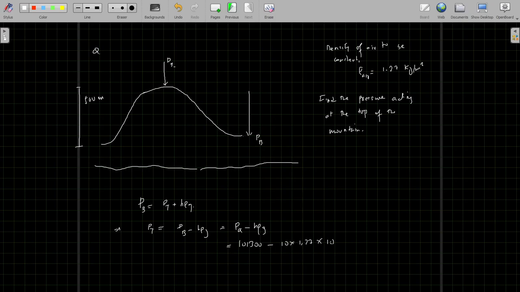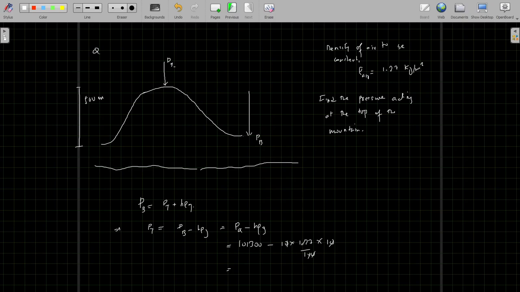So if we do that, 127, you can see it is almost neglected, very less. So it is 101,300 minus 127.